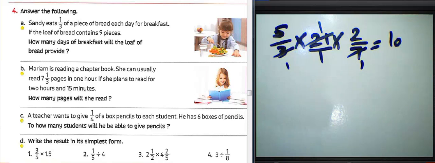She needs 3 days to finish 1 piece. Okay, but she has 9 pieces, so 3 times 9 equals 27. So she needs 27 days to finish or eat 9 pieces.